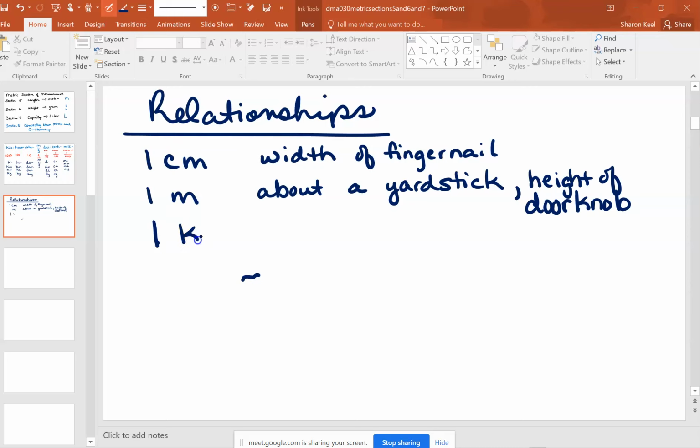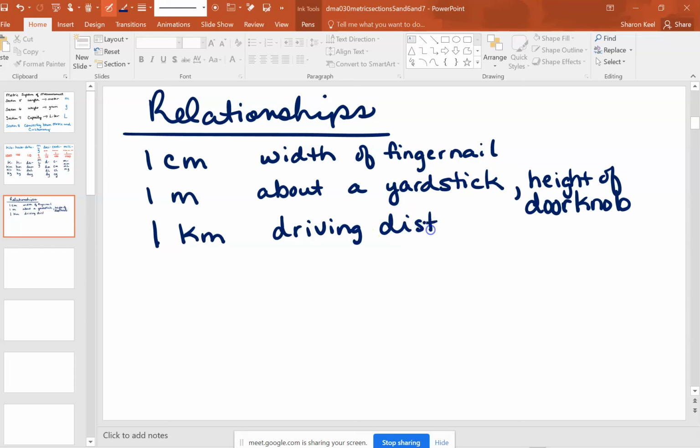A kilometer is a much longer distance. It's 1,000 meters. A kilometer is not nearly as long as a mile, but when I put kilometer, I want you to think about driving distance.